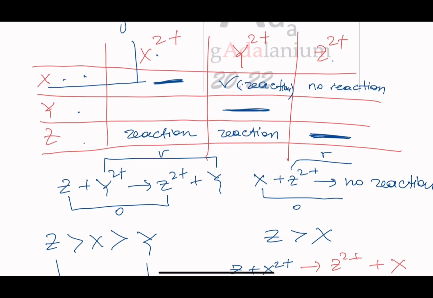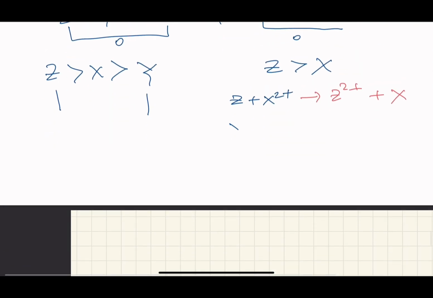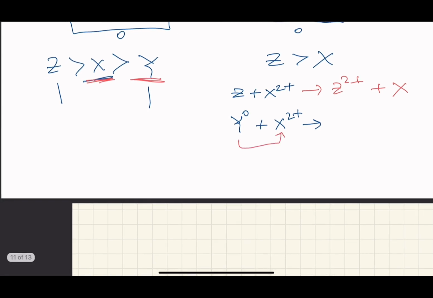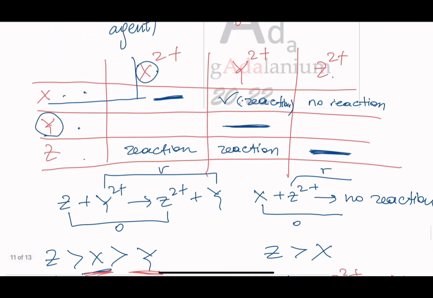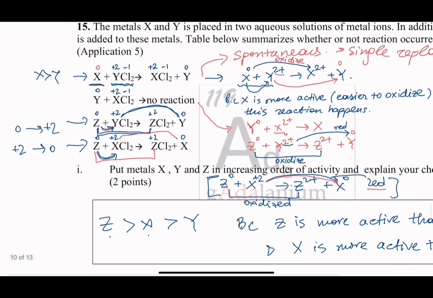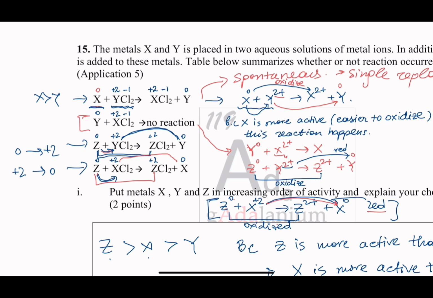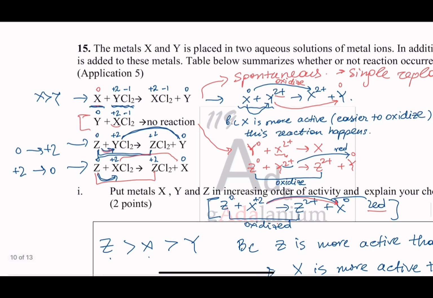Okay, and then let's look at the other ones. So Y 0 and X plus 2. So Y 0 plus X plus 2. Okay, so I know that you see in here, because Y is less reactive than X, Y cannot kick out X. You see there is no reaction in here, Y with X plus 2.